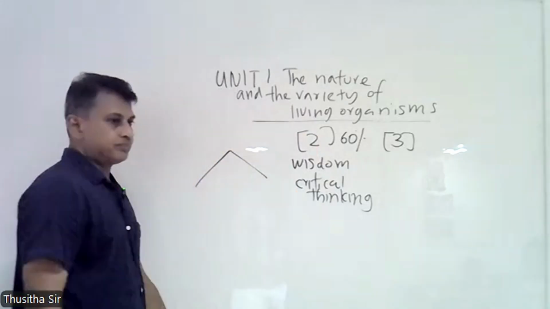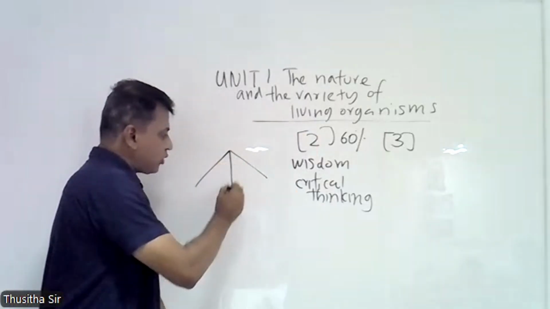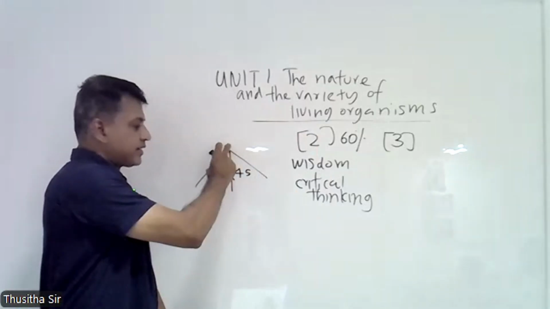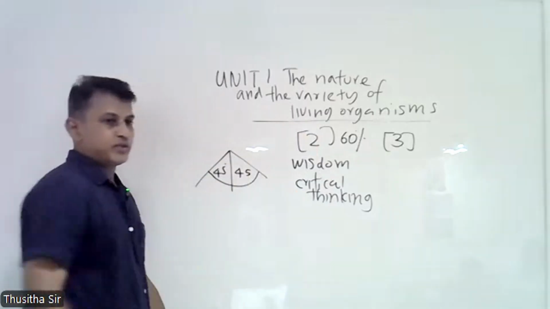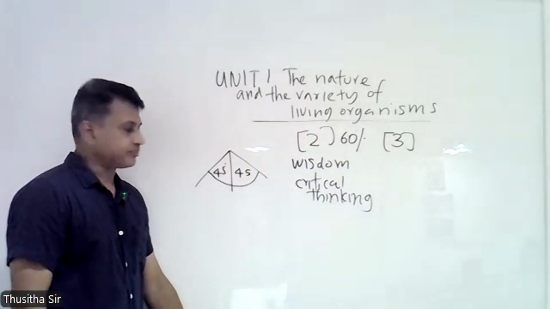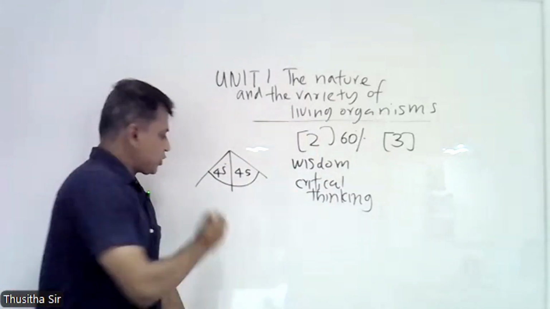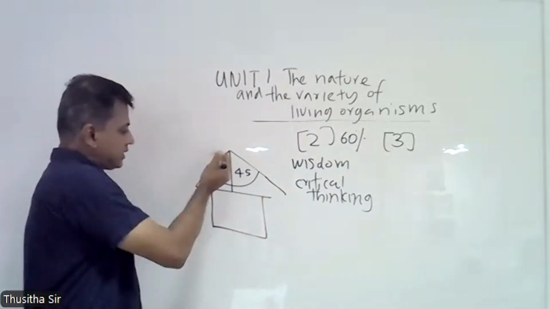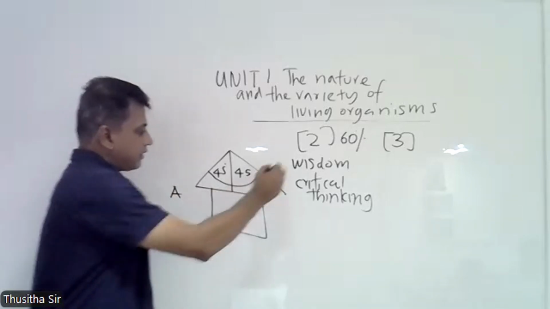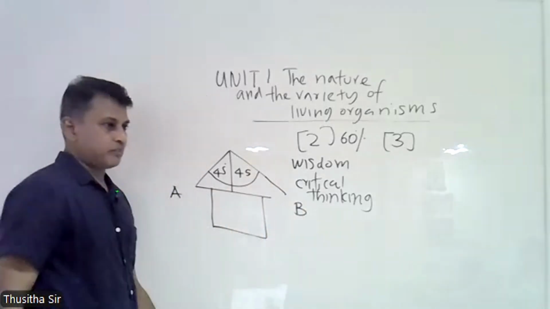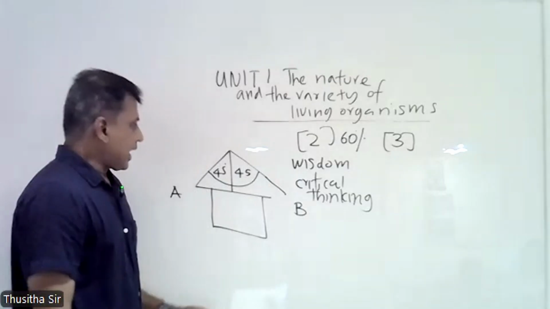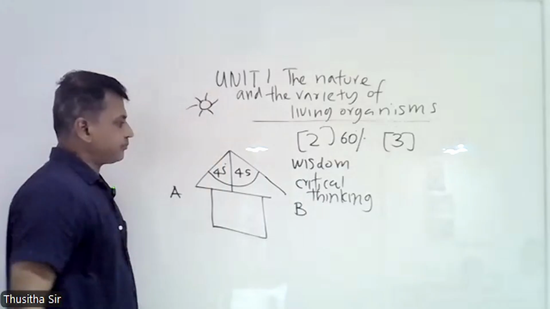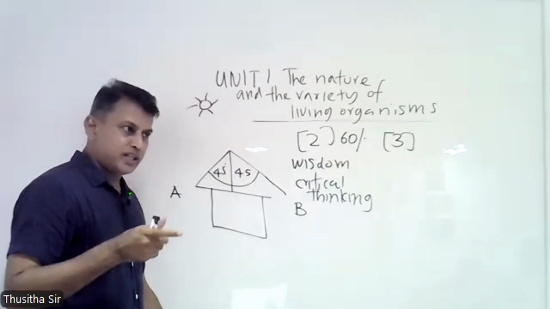This is a roof, and the roof has 45 degree and 45 degree. That means it's a rectangle, this angle 90 degree. If you add this 45, 45, 90. So this is the house, and this side of the house is A, this side of the house is B, right? And it's a very sunny day, no rain or things like that, but a little bit of wind.